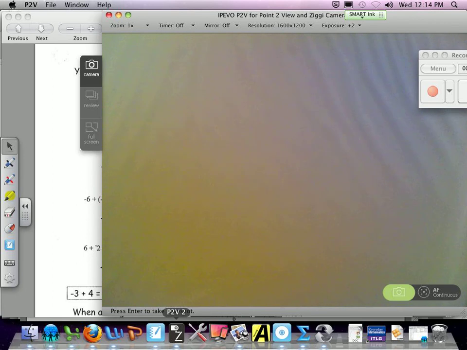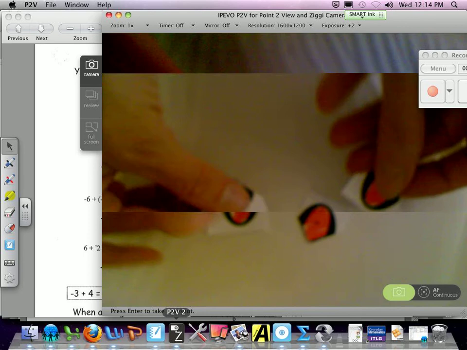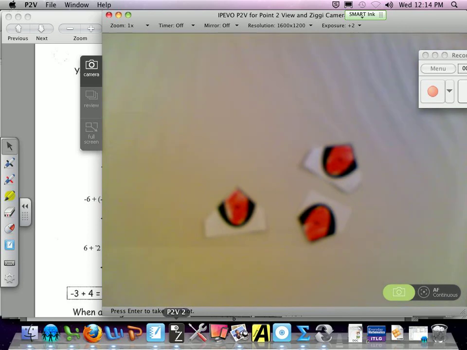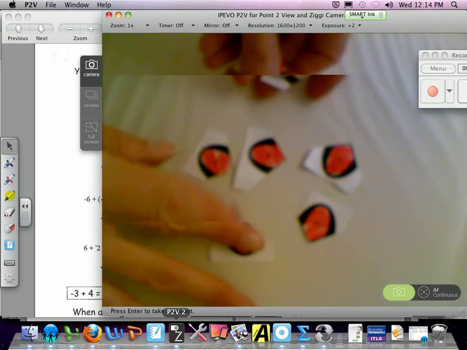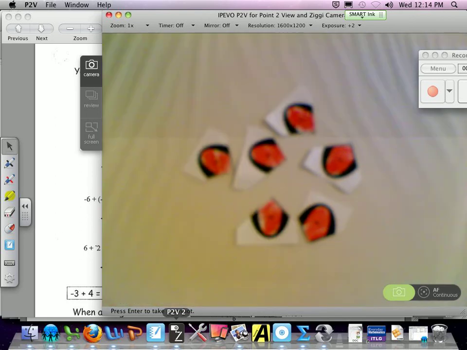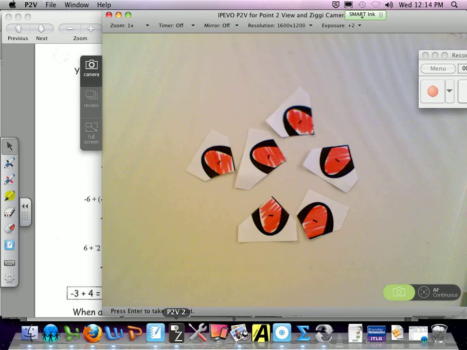The other model is in those bags of parts that you have. So we're going to start by having negative 6. So you're actually going to count up 6 negatives. The negatives are the red pieces, so take 6 red pieces out of your bag.